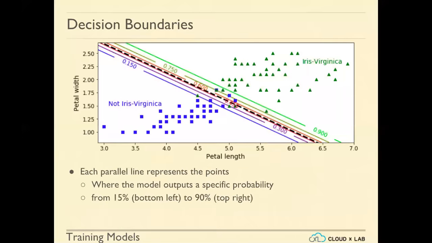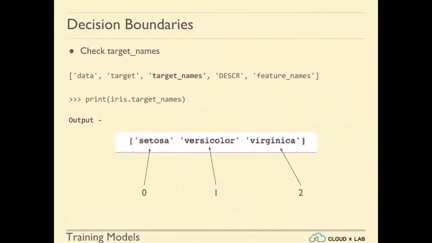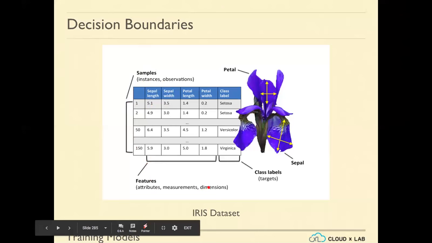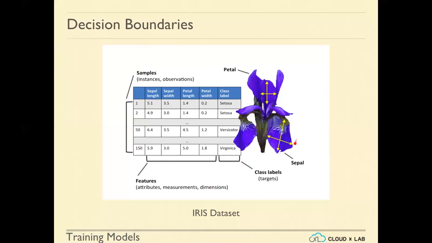There was a nice table I would like to walk you through again. Here, class labels and targets are the same thing. These are the samples; we call them training samples or testing samples. Each record is called an instance, observation, and sometimes simply a record. And the features are also called measurements, attributes, and dimensions.